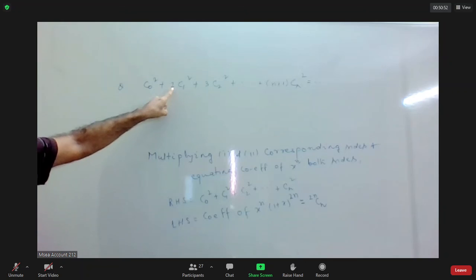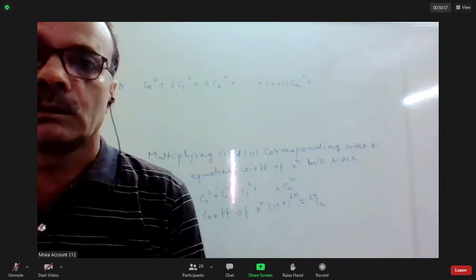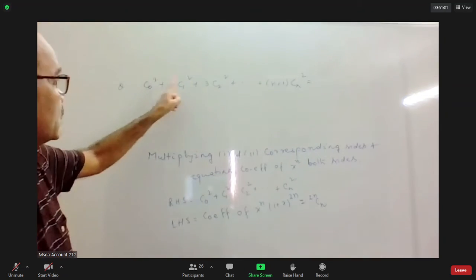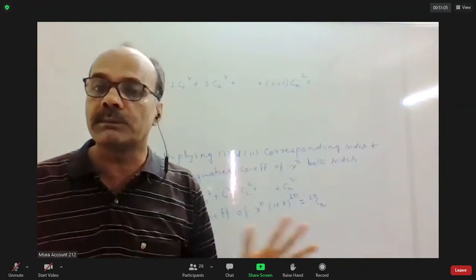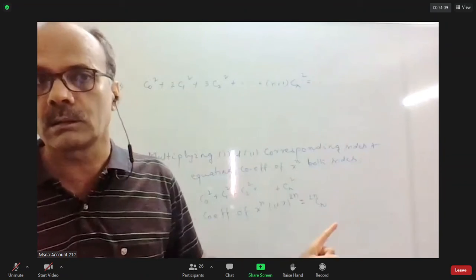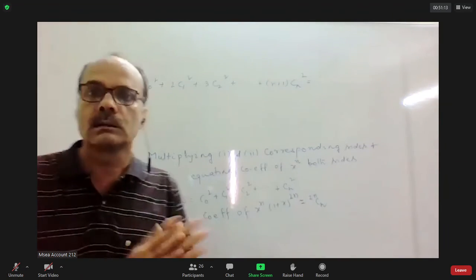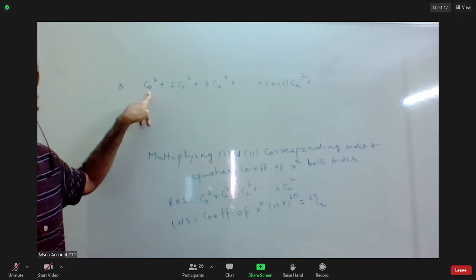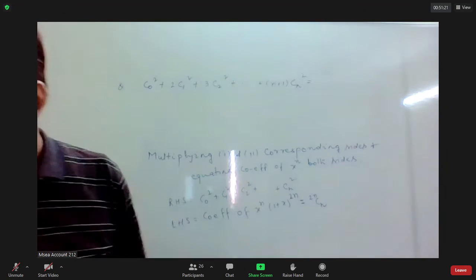Here, binomial coefficients are multiplied by some constant, which means we have to differentiate. And here there is a square, which means we have to multiply two series. Simply multiplying won't give the answer, but we have to differentiate one and then multiply. And this term should not vanish after differentiating.